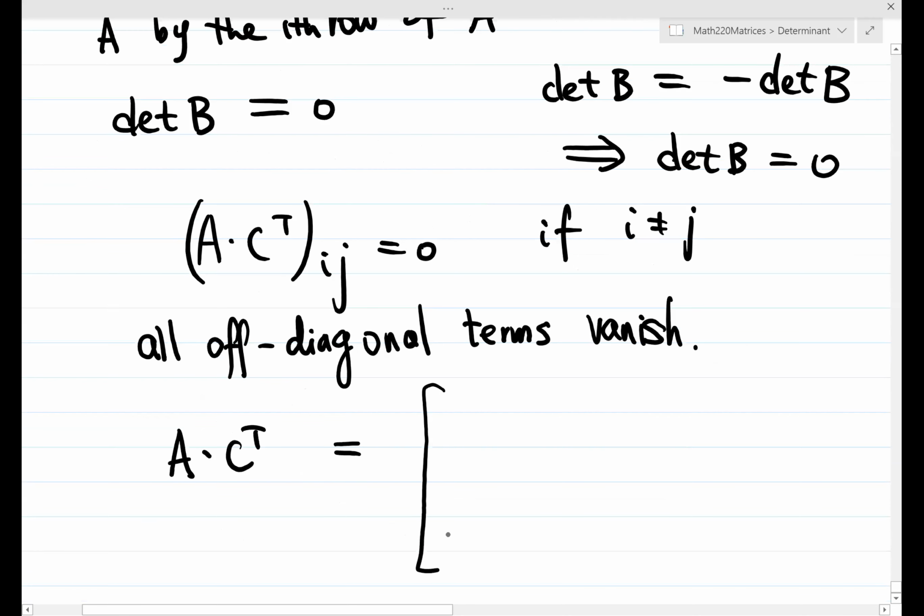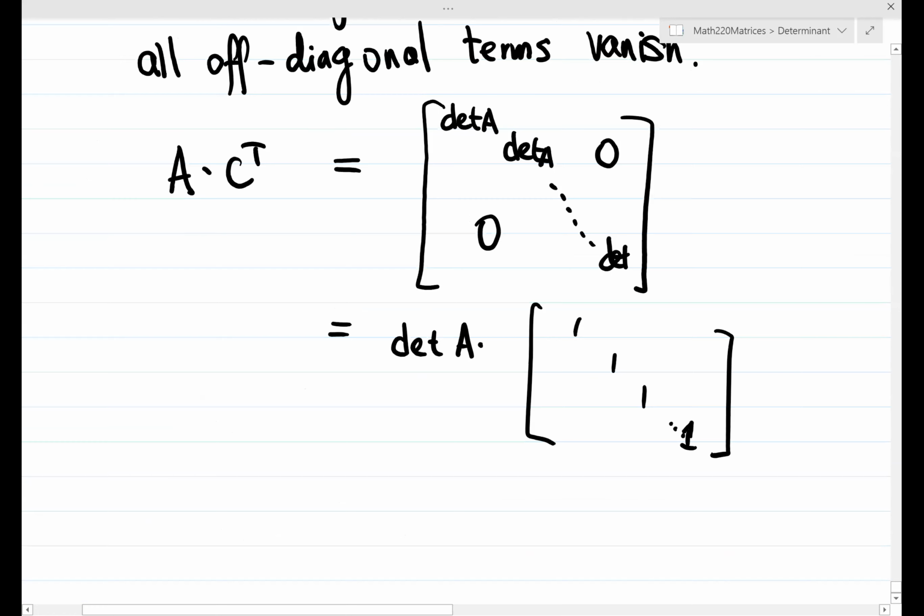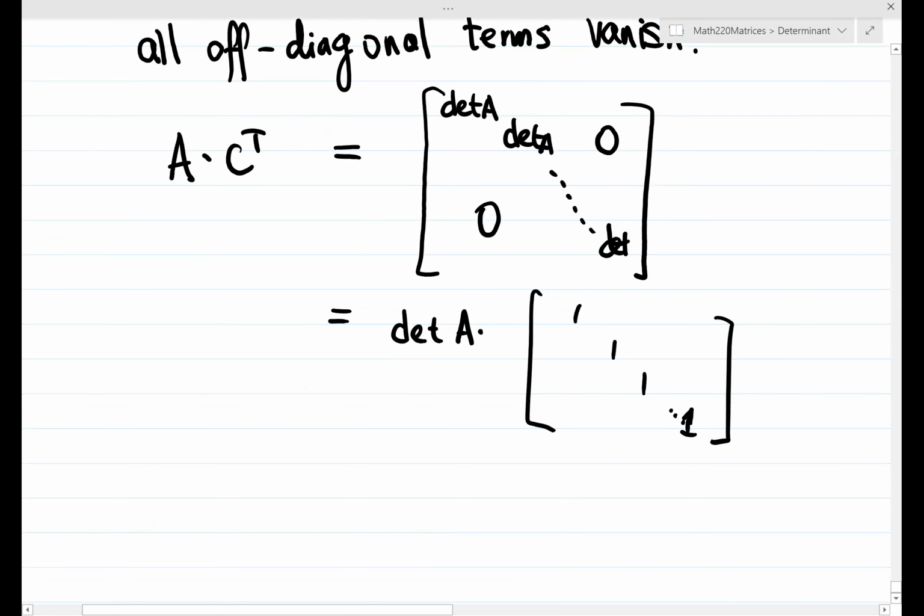So we have determinant A on the diagonal, and a bunch of 0s elsewhere. Now this is the number determinant of A times the identity matrix. If determinant of A is non-zero, then we can divide.